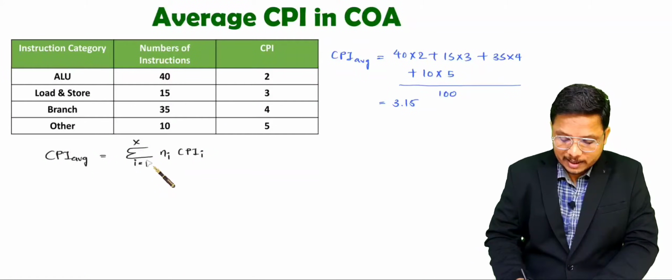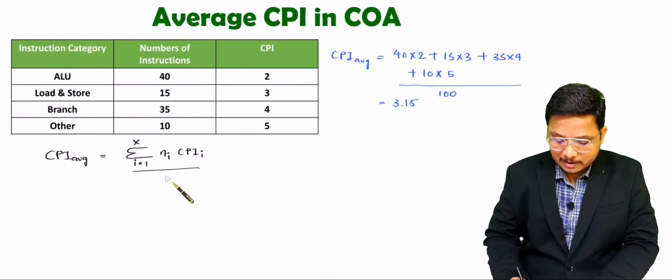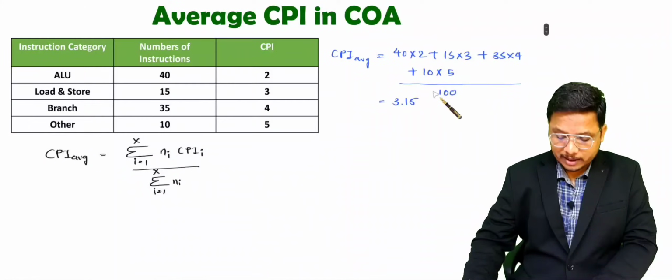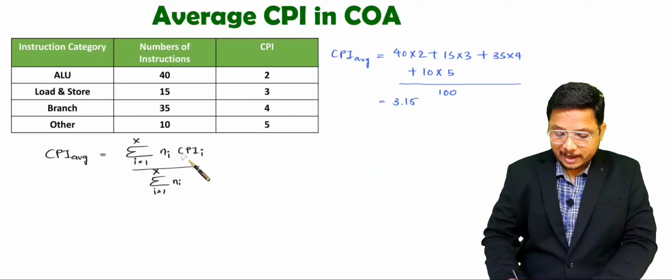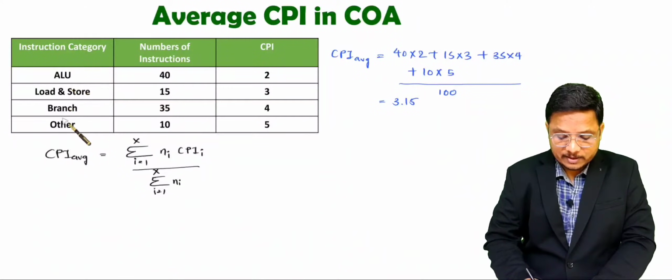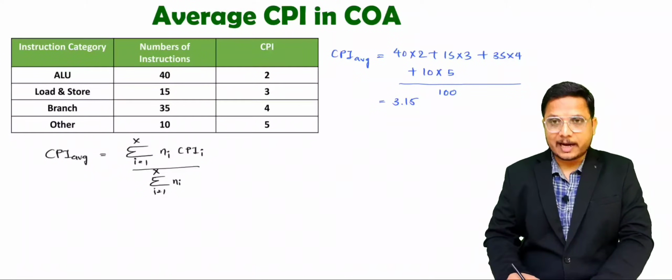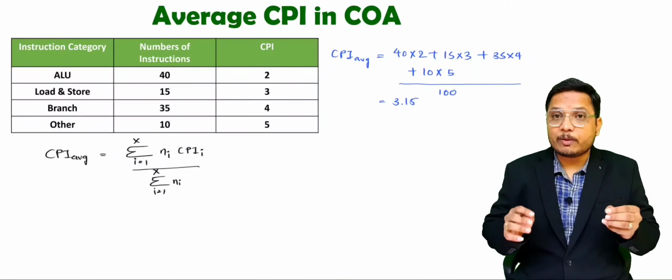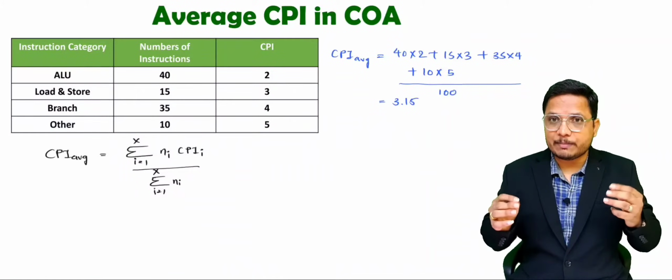What is i over here? i is the categories of instruction, right? Divide by the summation of Ni, where i varies from 1 to x. That is what we have done over here: summation of Ni into CPI, divided by summation of Ni, where i, the category of instruction, varies from 1 to x. That is how we can use this formula to calculate average CPI.